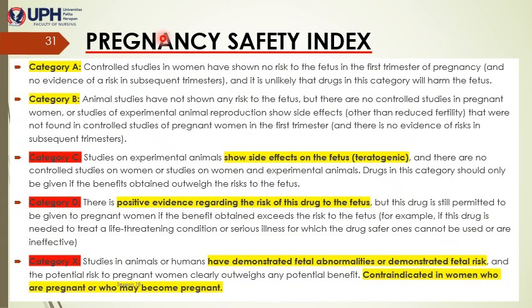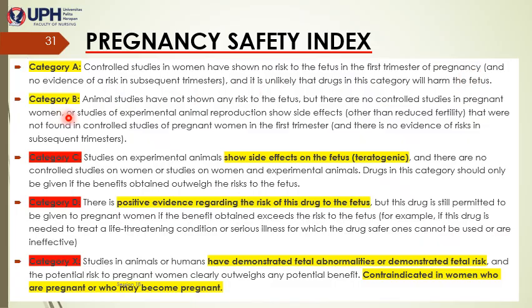Now let's talk about the pregnancy safe index. We have categories A, B, C, D, and X. Categories A and B are safe for pregnant women. Category A means studies have shown that taking these medications will not cause any risk to the fetus in the first trimester of pregnancy.